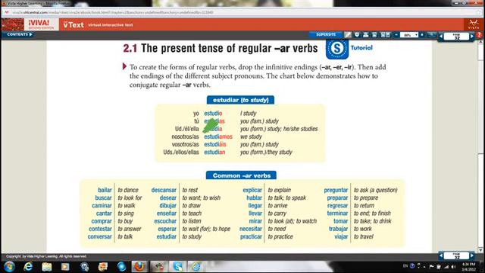Then on the plural side, where there are more than one person, we still have the nosotros and nosotras. And of course we have here in the book the vosotros, which is the plural of two. We don't use that any longer. But they put it in the book just because we might see it in some literature or some older poetry or magazines. So just pretend that's not there.